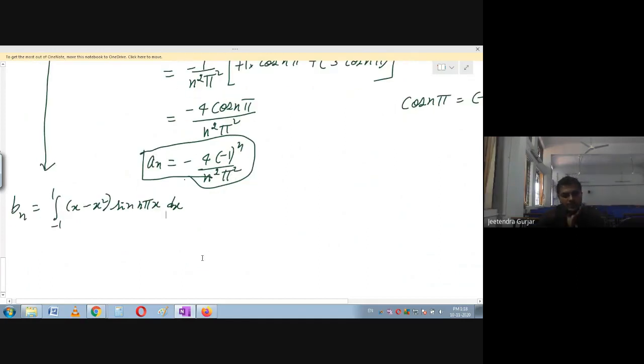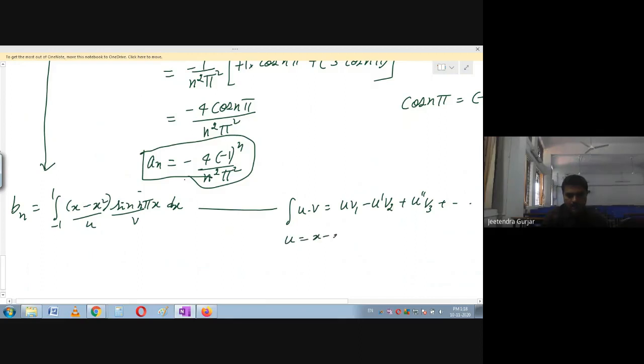Okay, students, again simplify as it is, integration u into v. This is u and this is v. So you can see integration of u into v, u v1 minus u dash v2 plus u double dash v3 and so on. You take u as x minus x square, and v you have to take here sine n pi x. Okay, now simplify.